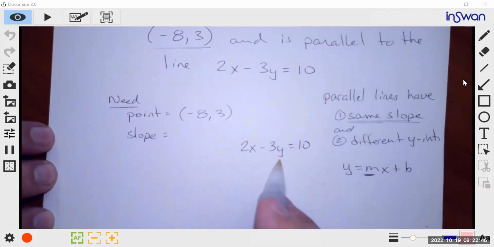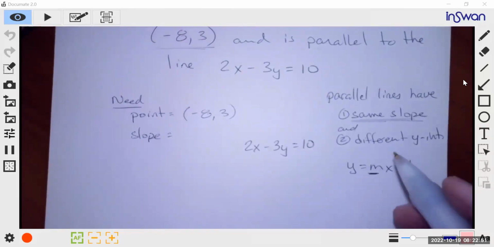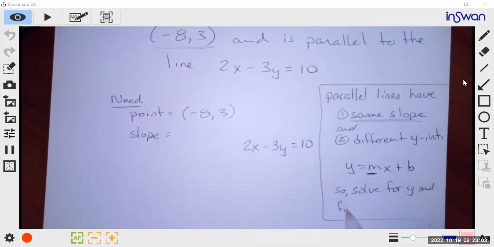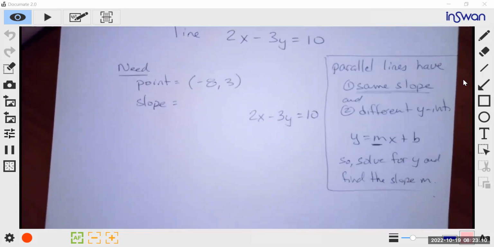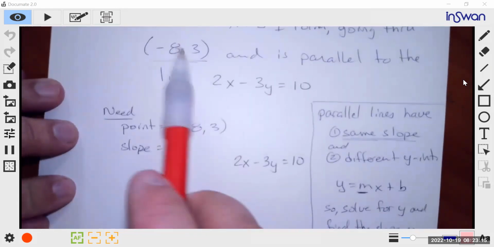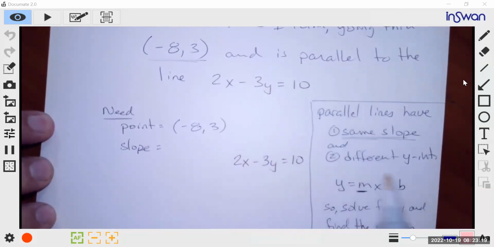So with this equation, solve for y and find the slope. Since our line has to go through this point and has to be parallel to this, they have to have the same slope.